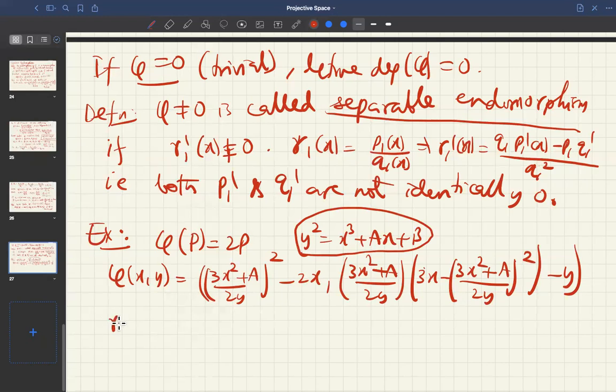So R1 of x is going to be 3x square plus a whole square by 4y square, so y square you write as x cube plus ax plus b, minus 2x. This one you're going to write in the form p by q.